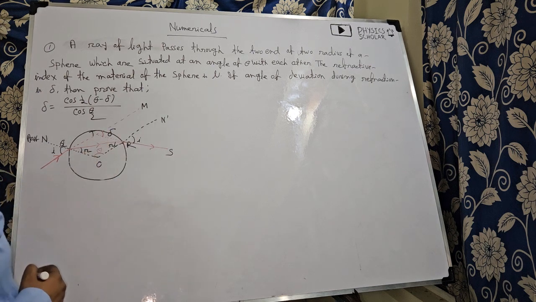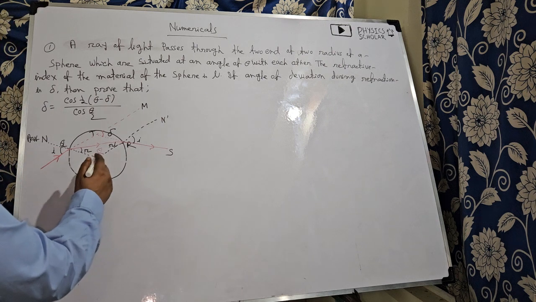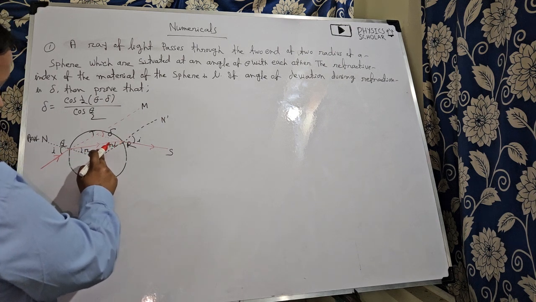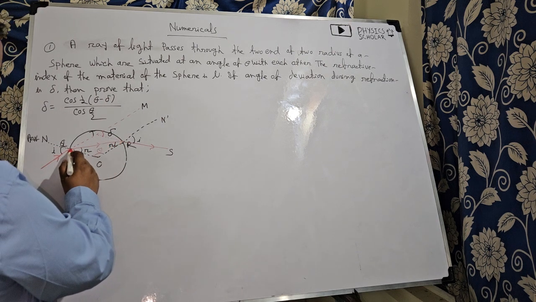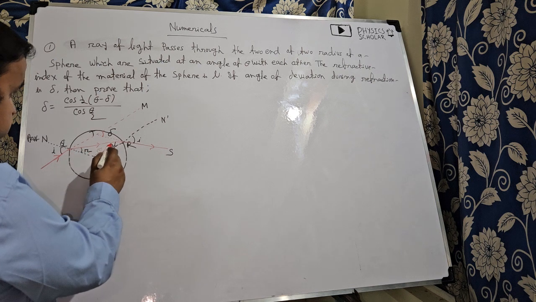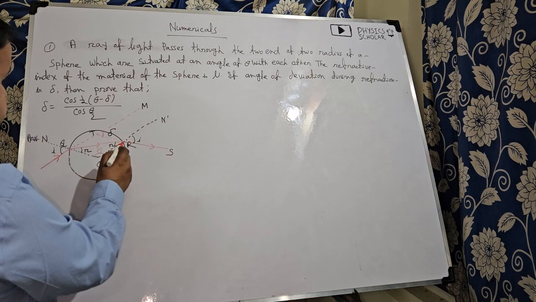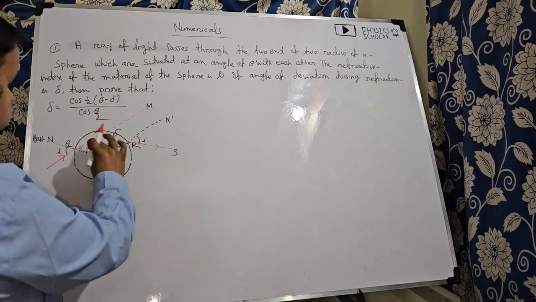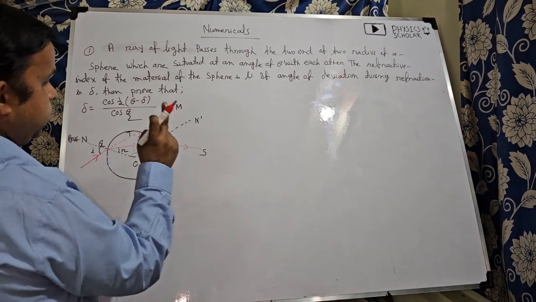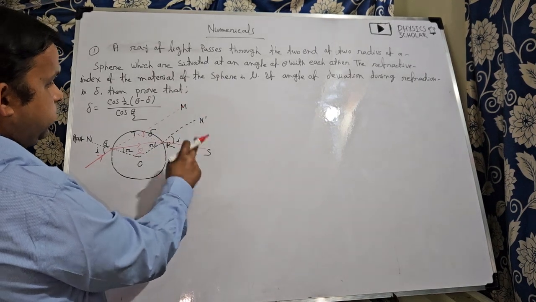It is given that the two radii lie at an angle of theta with each other, and when the ray is refracted through the sphere, it touches the two ends of the two radii, and this is the path of the refracted or emergent ray.